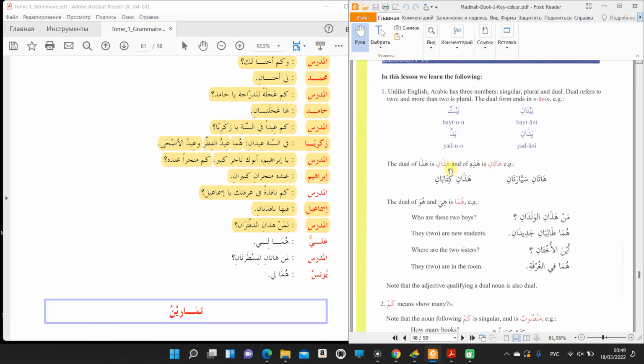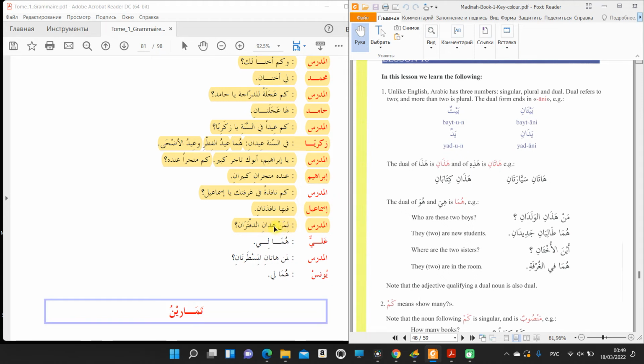That's how it is. And again, this alif here is pronounced but it's not written, just like هذا. But in this case it's written and it's pronounced. So هذان means these two.